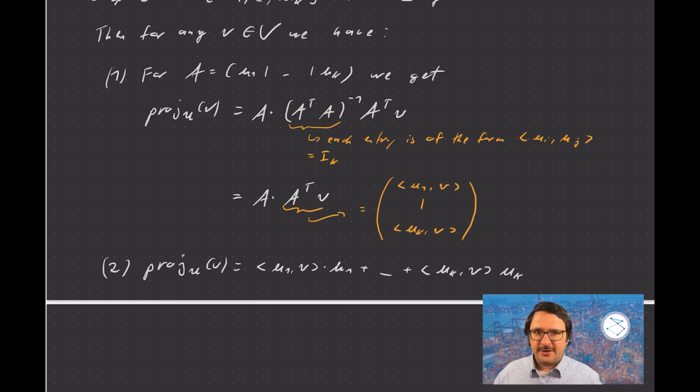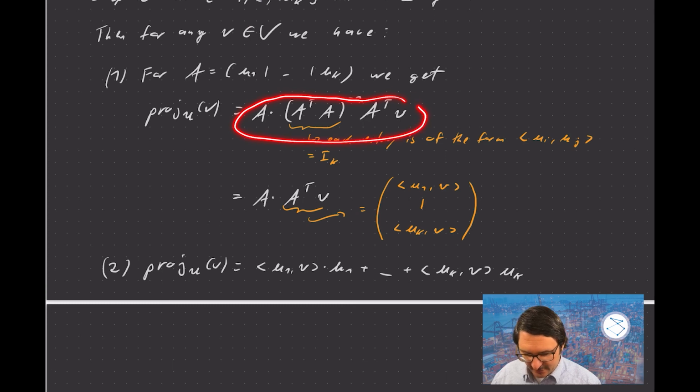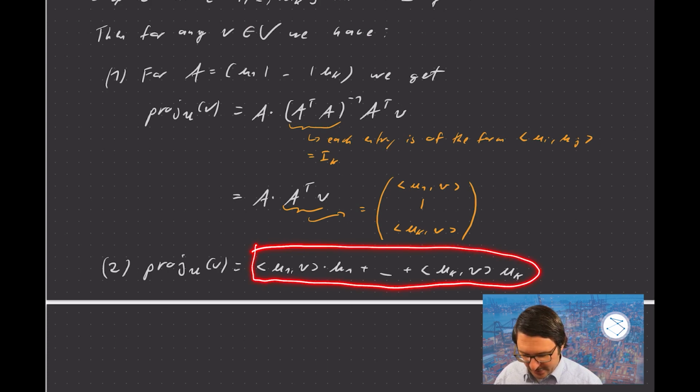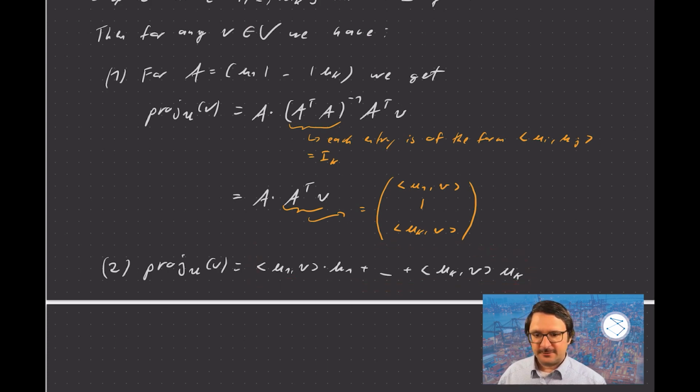So this is a projection of a vector v onto U once you have an orthonormal basis of U. That's the important thing here. The general formula holds anytime, for any basis you want. This one only holds if u1 to uk form an orthonormal basis. So you first need an orthonormal basis, and then you can compute projections in this way. That's the important point to keep in mind here.